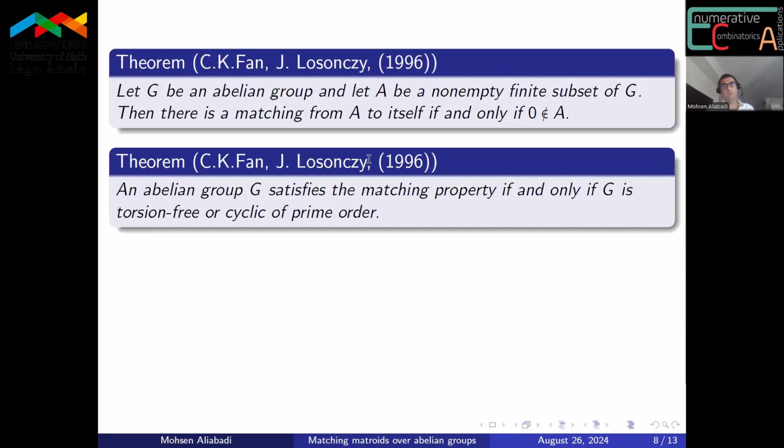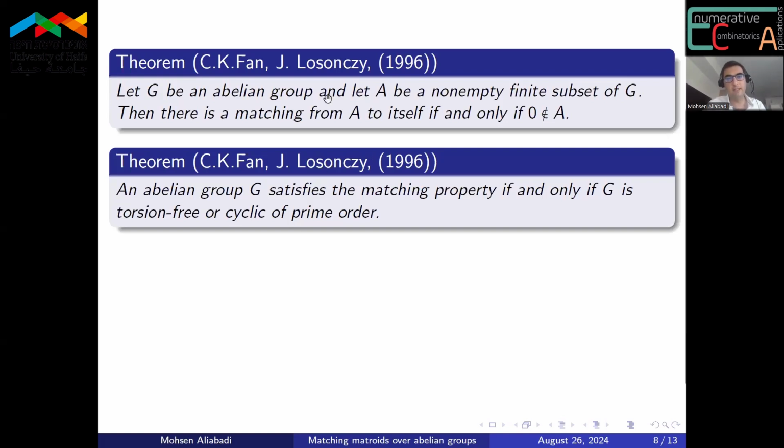And back in 1996, Fan and Losonczy proved these two theorems. The first one is about matchings in groups in the symmetric situation, and the second one in the asymmetric situation. By symmetric, I mean these two finite sets A and B are identical, and asymmetric is the case when it is not symmetric.